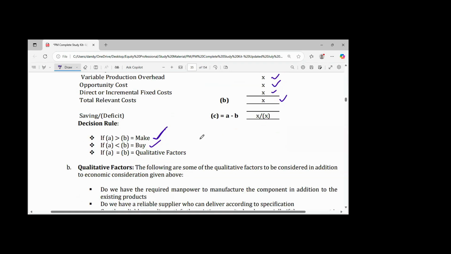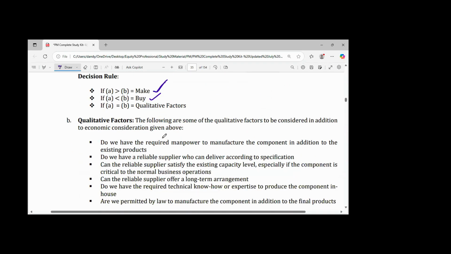Therefore, what are the qualitative factors you need to take into consideration under the make or buy decision? There are some specific questions you need to answer as far as the make or buy qualitative factors are concerned. You are going to divide it into two. When you want to state your qualitative factors under make or buy decision, you divide it into two.